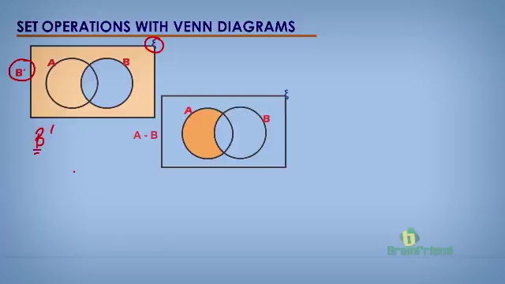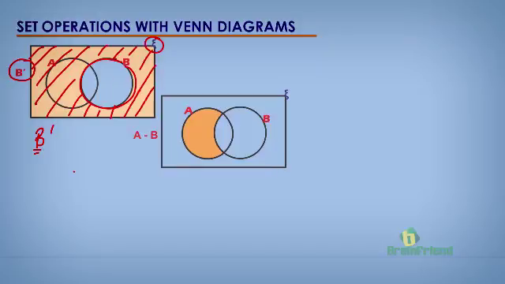In this case, B is our given set. We have a set A also there. Therefore, the complement of our set B is all of our universal set, and that is our shaded portion under consideration here, with the exception of the given set B.